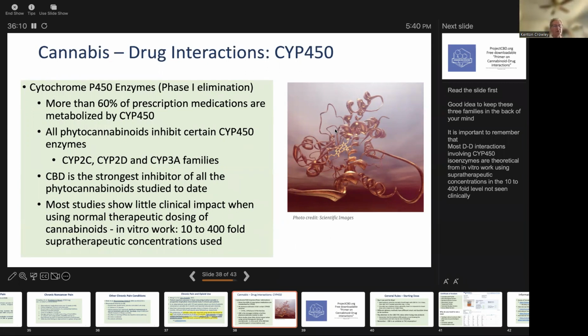The most common are the 2C, 2D, and 3A families. CBD is the strongest inhibitor of all the phytocannabinoids studied to date, but they can also be a mild promoter.